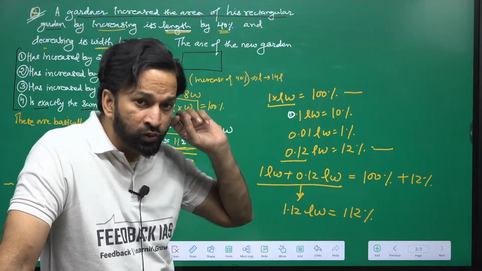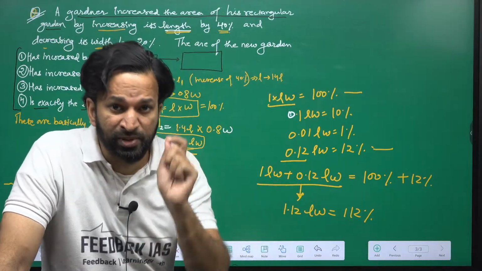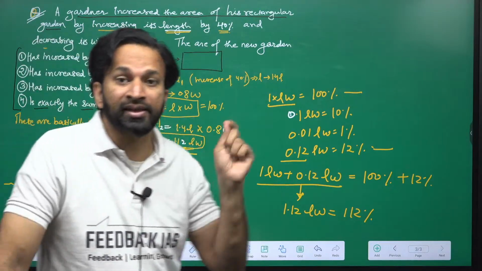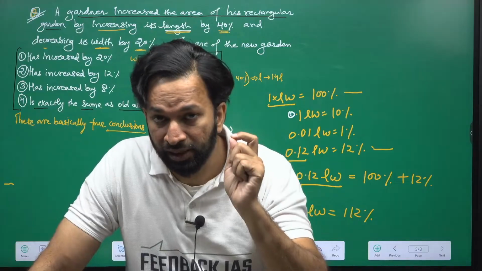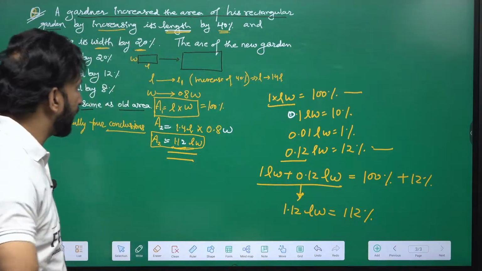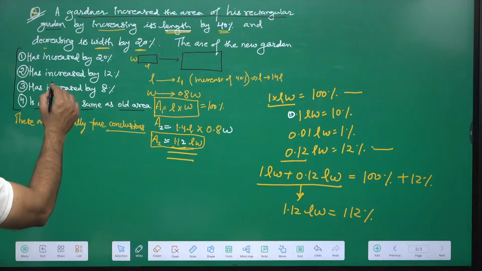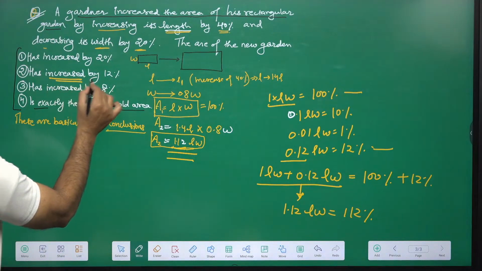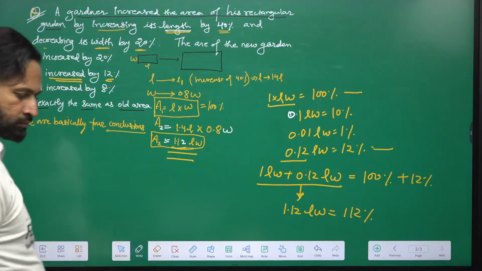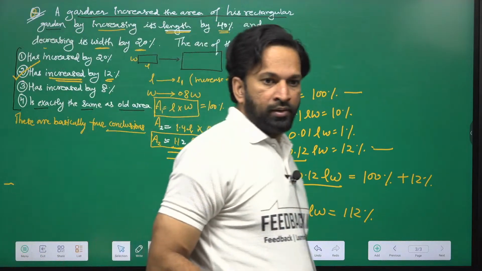Even if you give 4 to 5 minutes, of which 1 or 2 minutes are wasted, you must be able to get the result, right? So here the correct answer is increased by 12%.